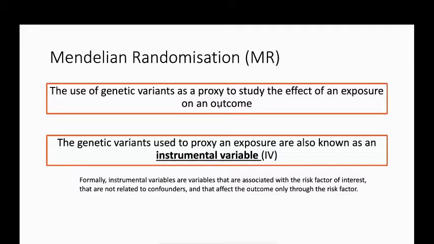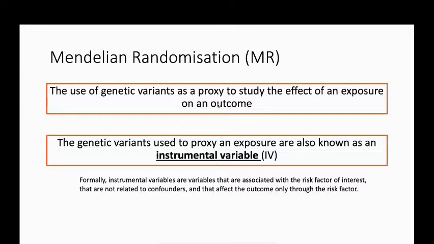And just another term I wanted to introduce this week that we didn't discuss previously was the concept of instrumental variable. That's just a fancy name for the genetic variant that we use as a proxy. So we call that proxy an instrumental variable. So we talk about instrumental variable analysis, but that is just another name for Mendelian randomization.